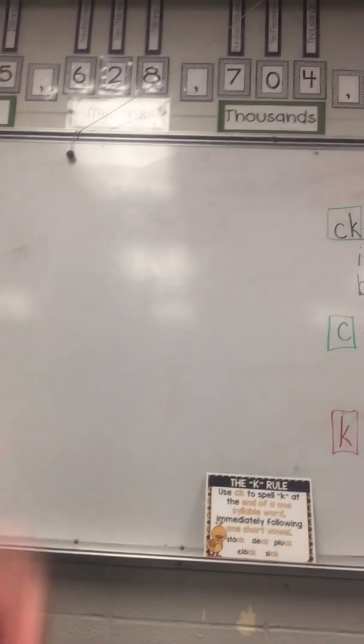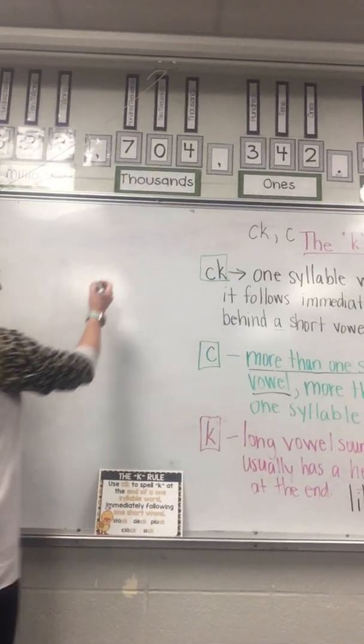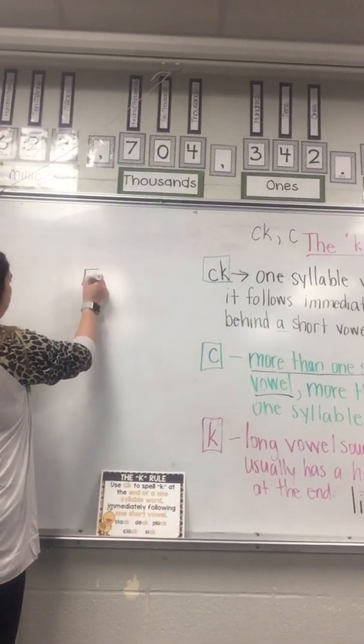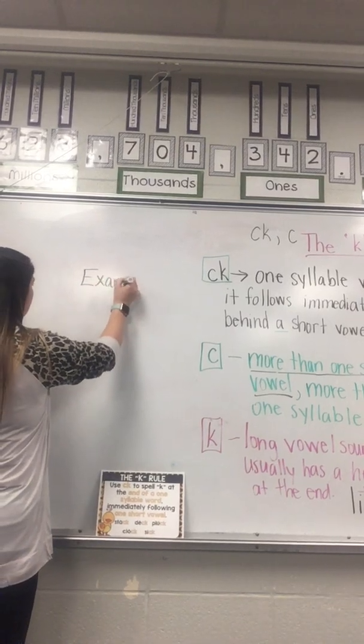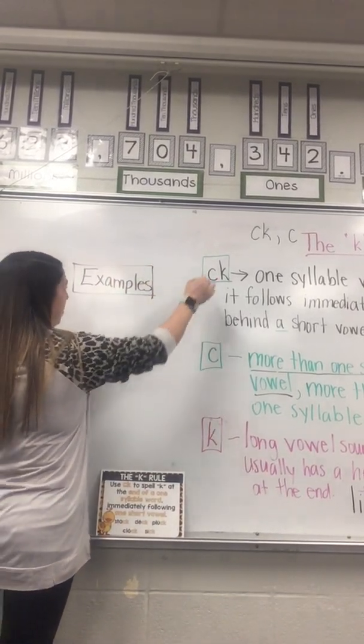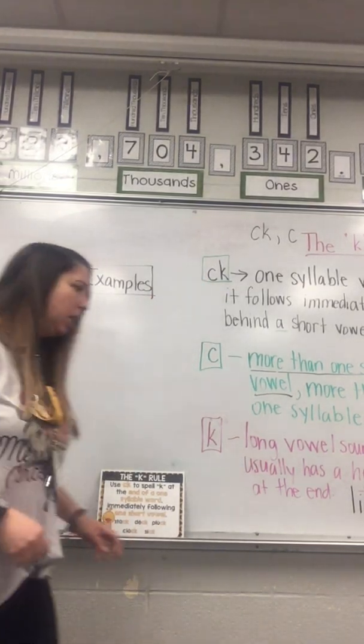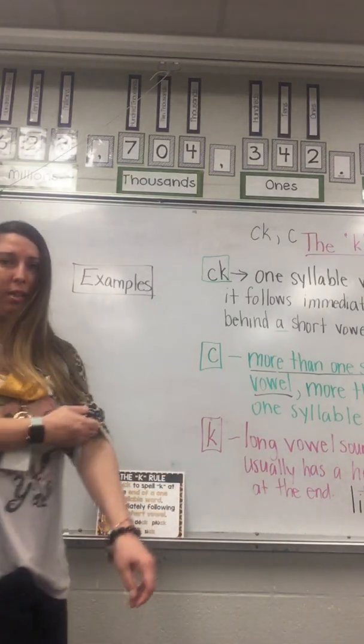I'm going to turn a little bit so you can see this other side. Okay, let's do some examples here, and let's decide if our words are spelled with CK or C. Here is my first one. Ready?